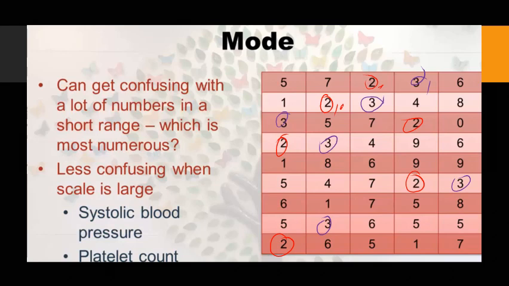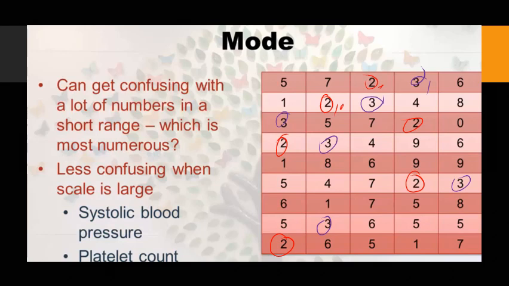Especially in healthcare, sometimes you're going to have patients that might have the same readings. It just happens that way. It doesn't necessarily even mean anything. That's why in healthcare, you don't really use mode very often.